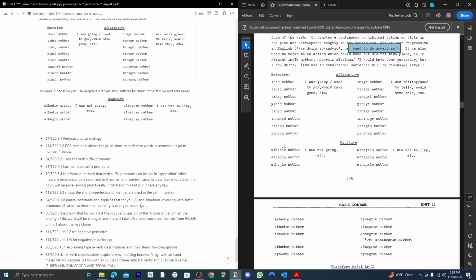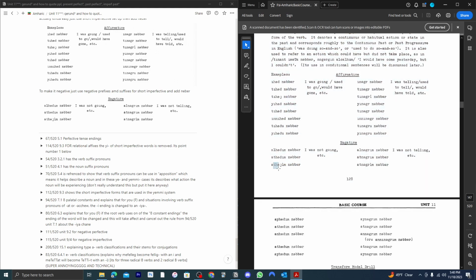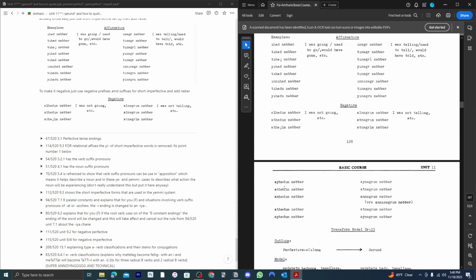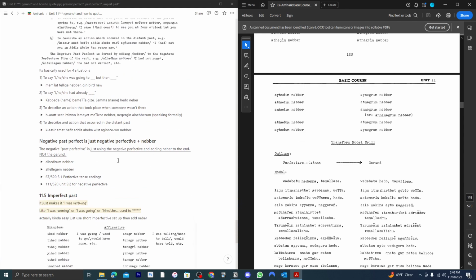Al hedim neber. Wow, that's so crazy. At hedim neber, I guess, is like you male are not going. The shortened perfective is like this hid part. That is, tehid part right here. Tehedji, this would be the shortened perfective of you female. Wow. Hidem. Yeah, I forgot they look the same. And then athidum, anhidum, athidum, ayhidum, neber. Yeah, I guess you just gotta memorize those. So hopefully this was somewhat helpful.